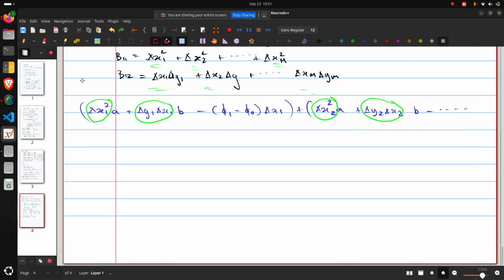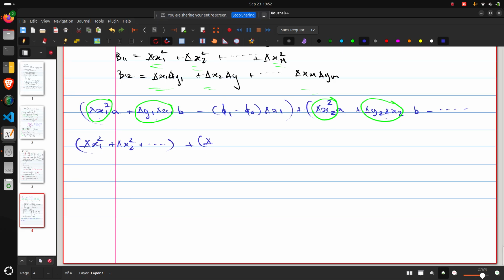Okay. So, now if we again break it down, we have delta x1 squared, delta x2 squared, and all these things. So, we can just write them all together: delta x1 squared plus delta x2 squared and so on, plus these terms, right.